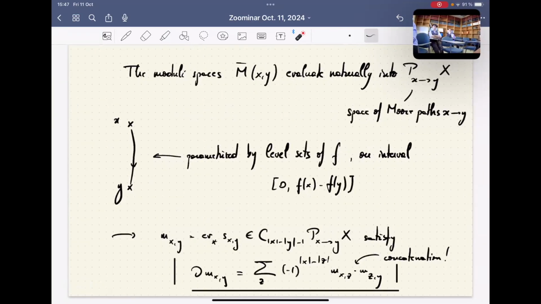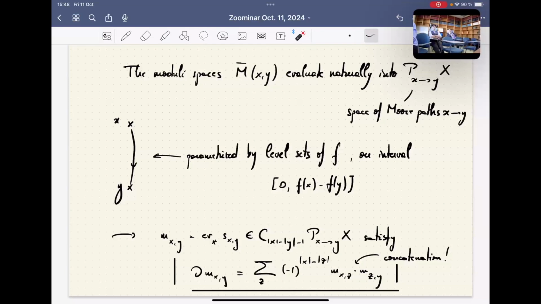Up to now, everything happened on the moduli spaces. But now these moduli spaces are naturally of a geometric nature, and they evaluate into path spaces. Each gradient trajectory, although it comes parametrized by R, is also naturally parametrized by a finite interval, namely by the level sets of the function. So each moduli space evaluates into a space of Moore paths connecting two critical points.